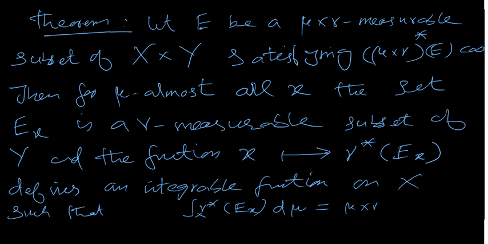It's an integrable function actually, and the value of the integral is mu cross nu star of E. It's a finite number. So this is very interesting. The integral of this function is equal to the outer measure of the set E.